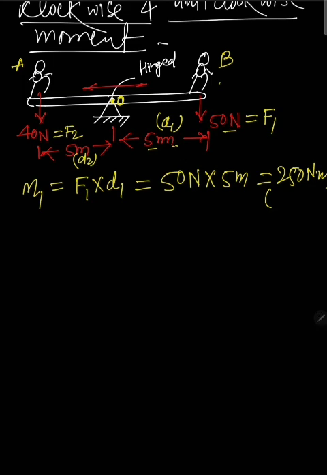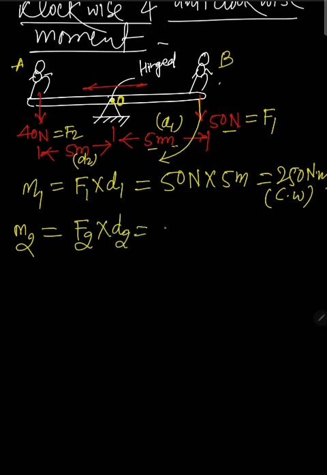Is this one clockwise or anti-clockwise? See, this force tries to rotate this seesaw in this direction. So this direction is clockwise. Now find the moment due to force F2. We know the formula for moment: force into perpendicular distance. Here force is F2 and distance is d2.